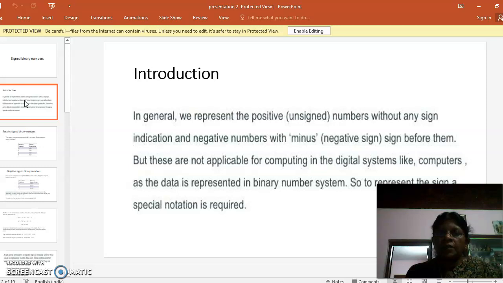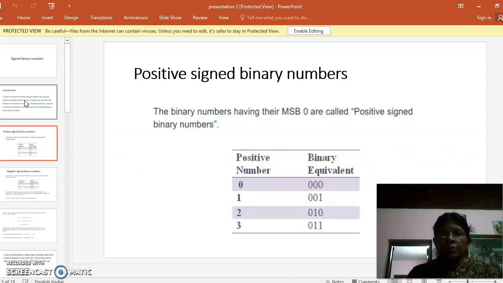But these are not applicable for computing in digital systems like computers, as data is represented in the binary number system. So to represent the sign, a special notation is required.